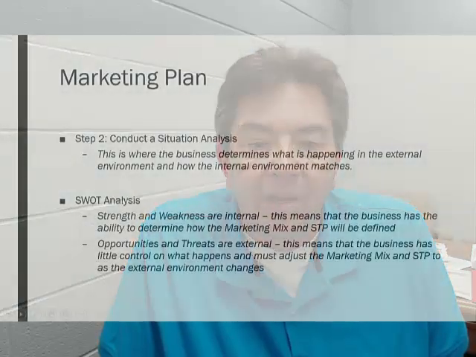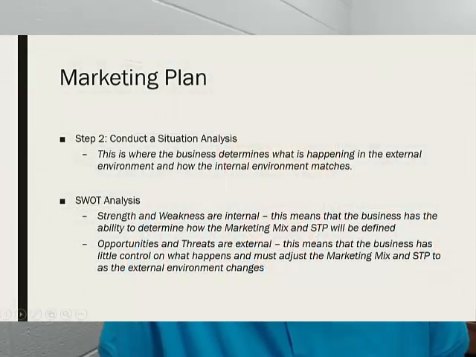2, we're going to conduct a situation analysis. This is where the business determines what is happening in the external environment and how the internal environment matches. We do this with a SWOT analysis. A SWOT analysis defines what strengths and weaknesses are, and strengths and weaknesses are considered internal.